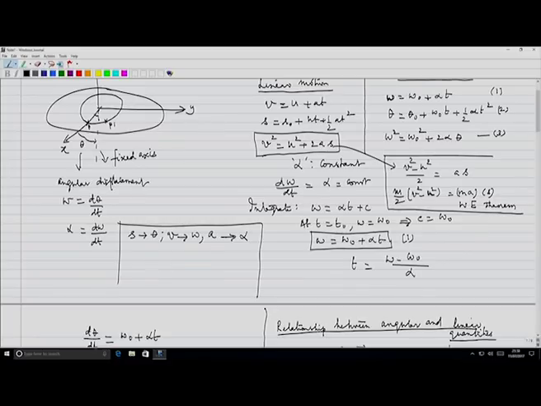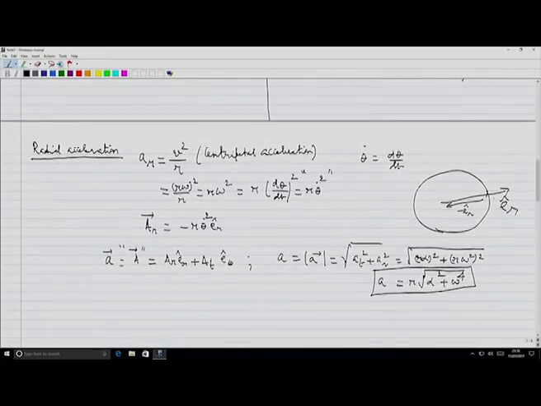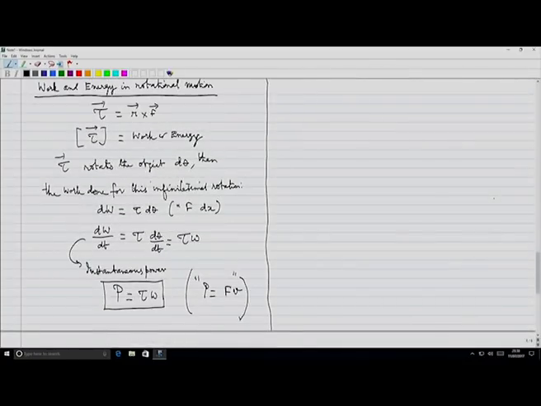Now we would like to give a similar interpretation in the case of rotational motion. Work energy theorem in rotational motion.